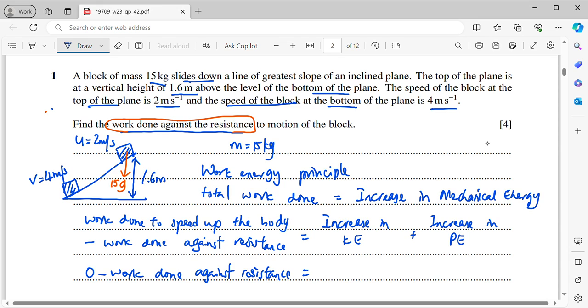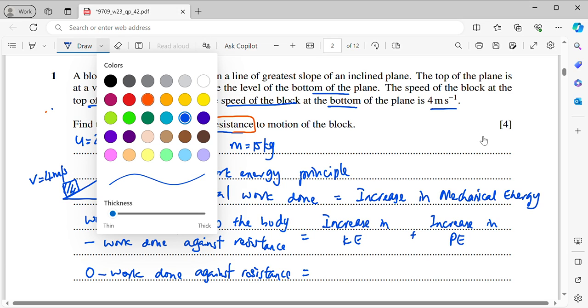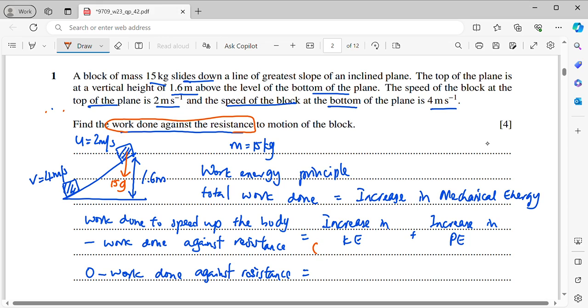Then now increase in kinetic energy is basically the final KE minus initial KE. Same goes to the increase in PE.